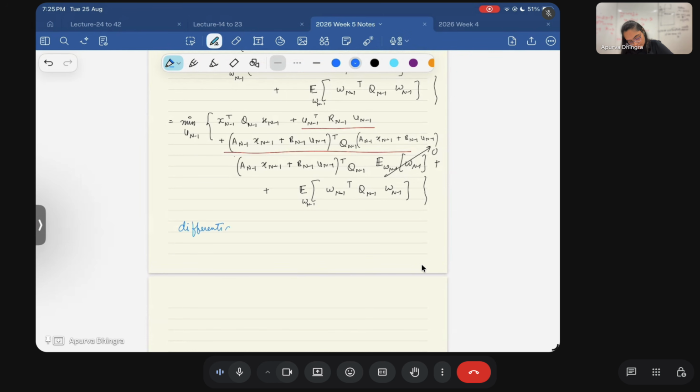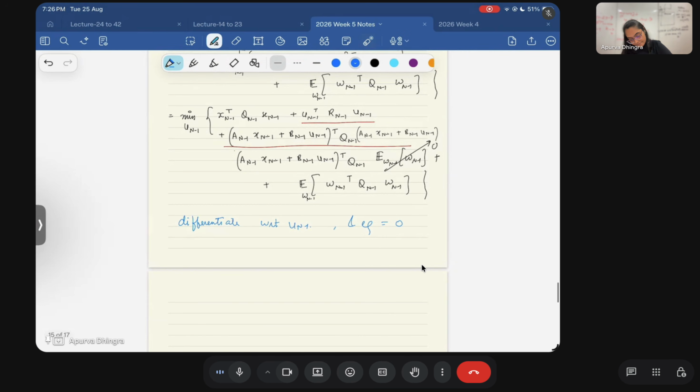Differentiate this with respect to u n minus 1 and equate to 0. If we do that, nothing from here, we get something from here. We get r n minus 1 along with that.